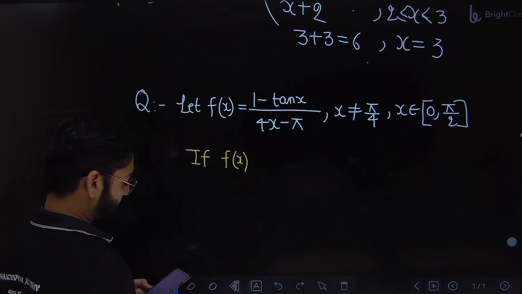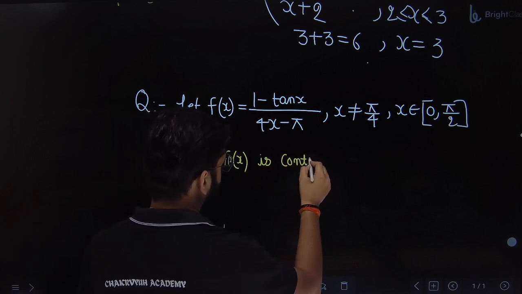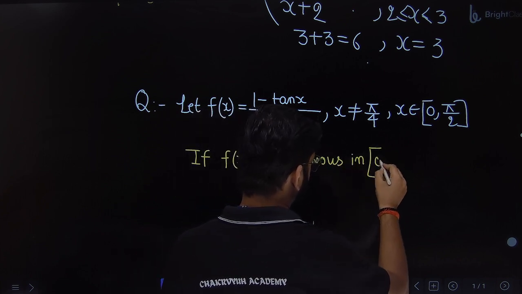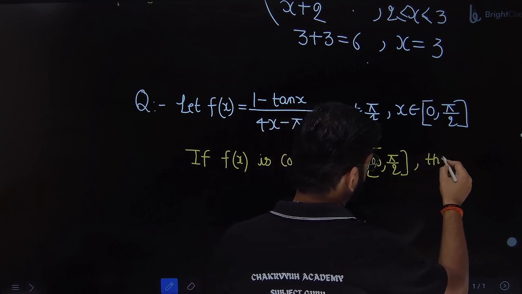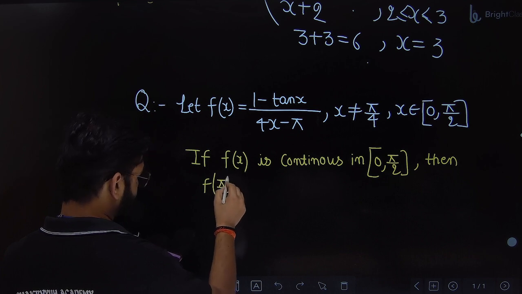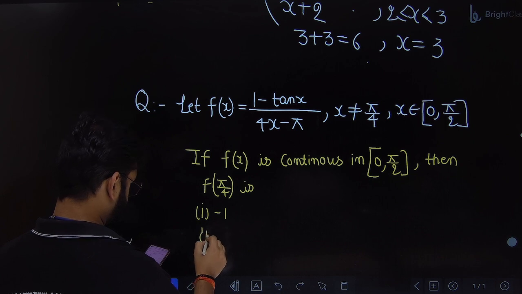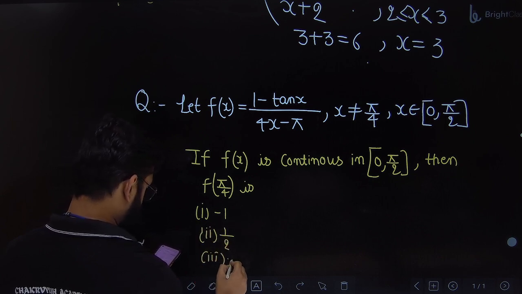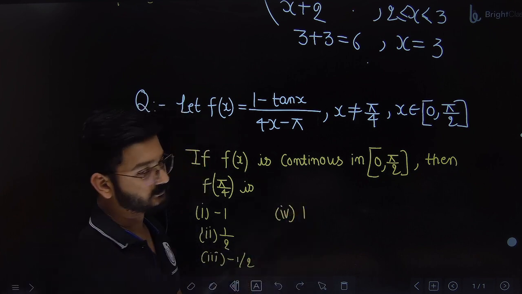So this is the function. If f of x is continuous in 0 to pi by 2, then f of pi by 4 is: -1, 1 by 2, -1 by 2, and the fourth option.